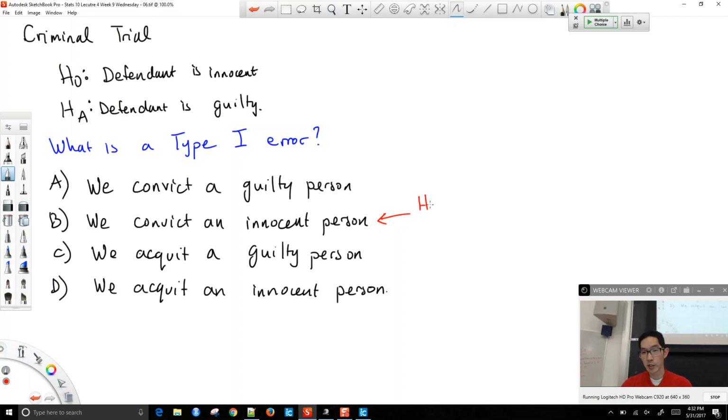This means the null hypothesis is true, meaning the defendant is innocent, but we reject the null hypothesis. That would be we convict an innocent person. What would a type 2 error be? C would be the type 2 error.